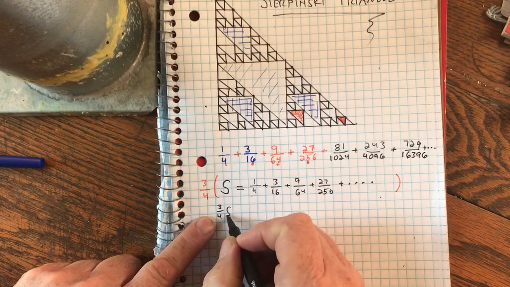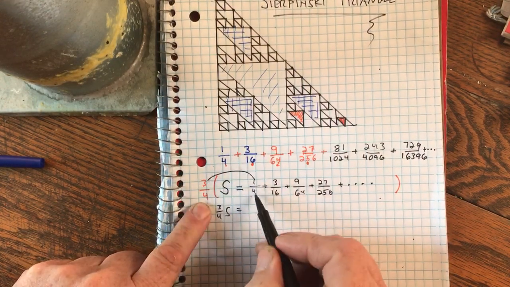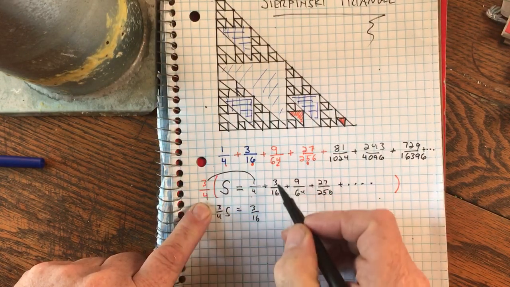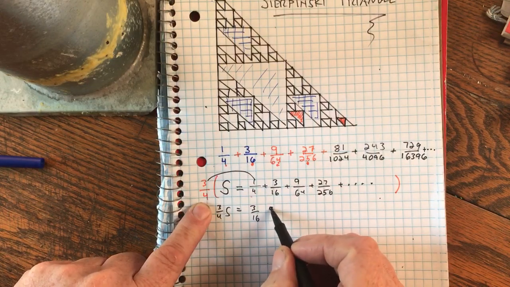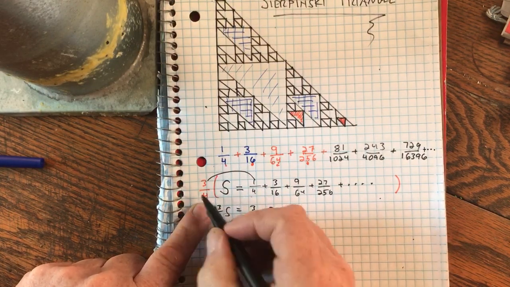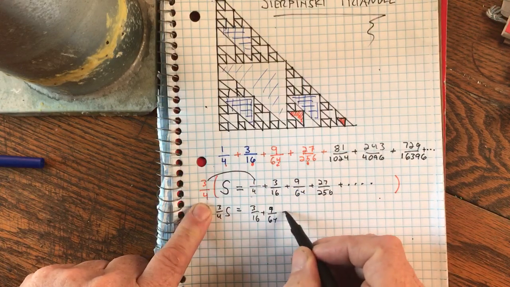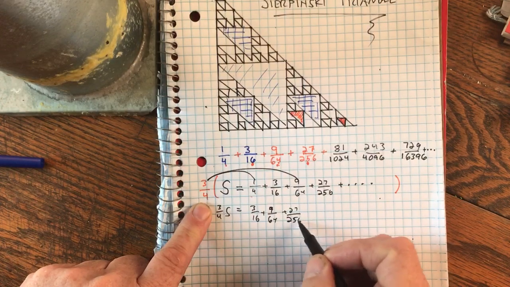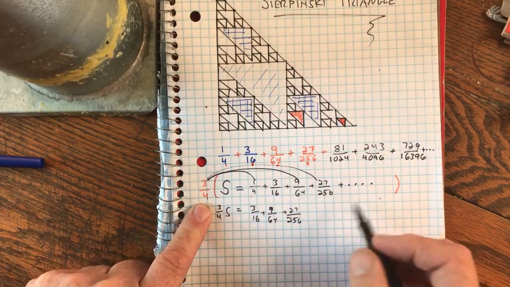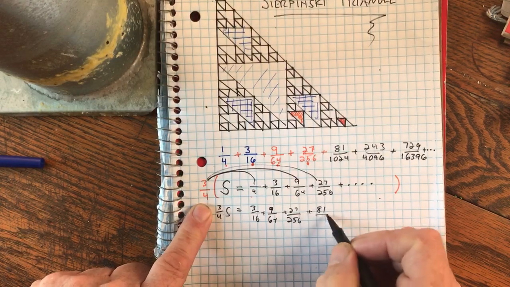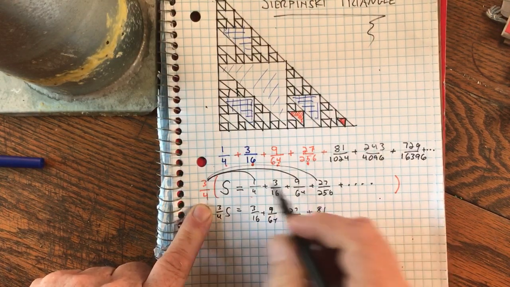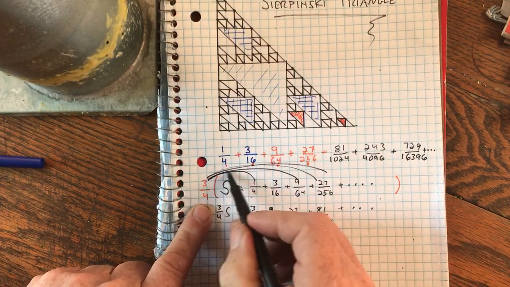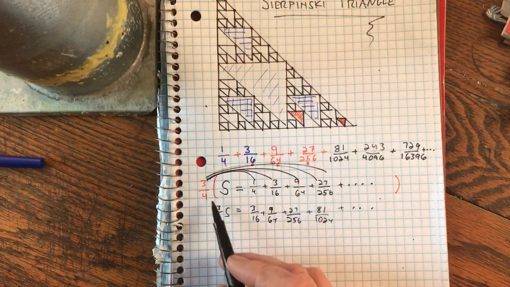3/4 S equals 3/4 times 1/4 is 3/16. 3/4 times 3/16 is 9/64. 3/4 times 9/64 is 27/256. 3/4 times 27/256 is 81/1024, etc., etc. Now, ignore the orange there.